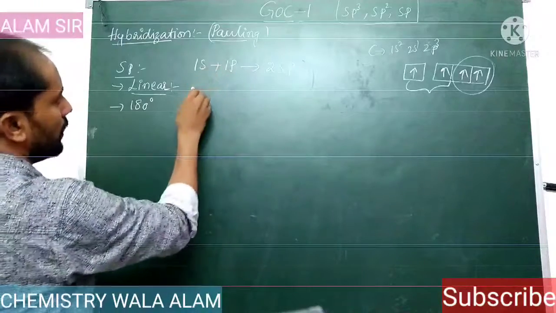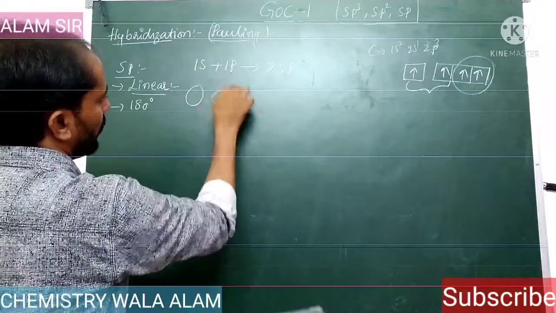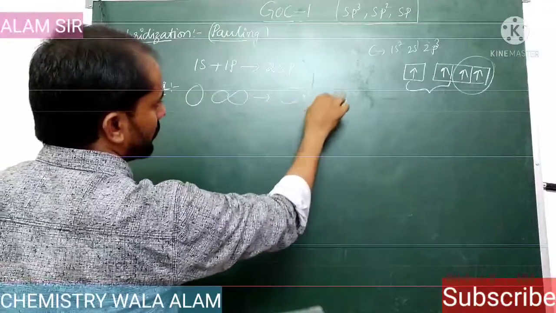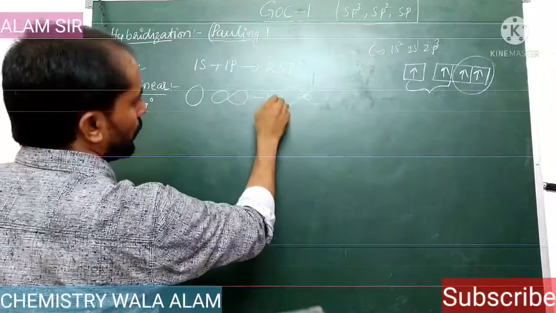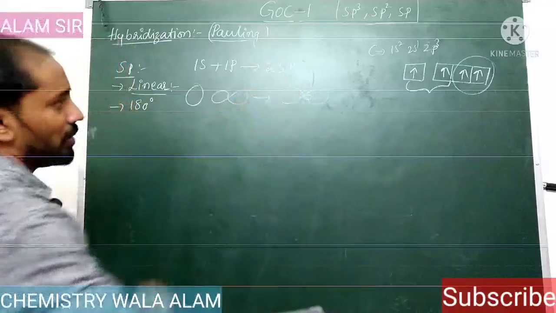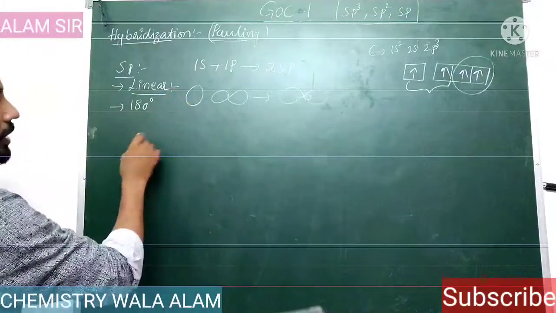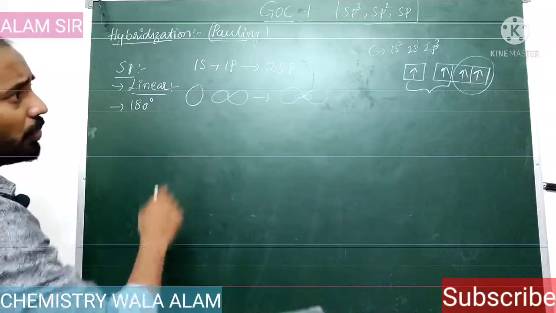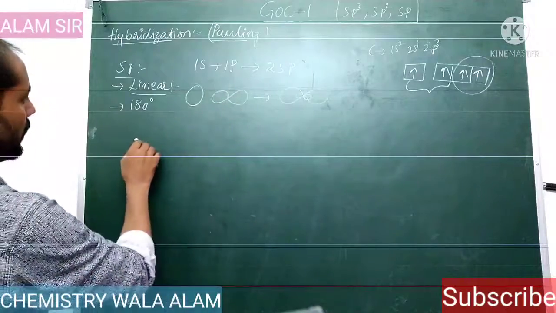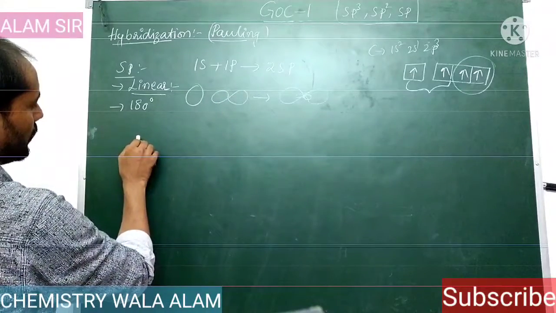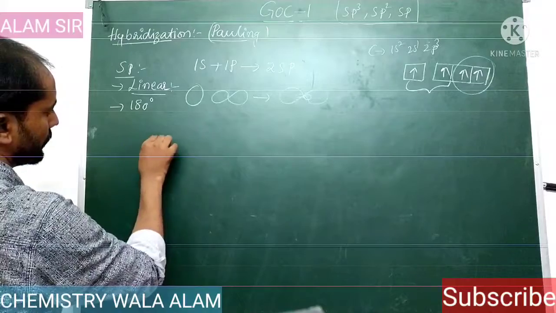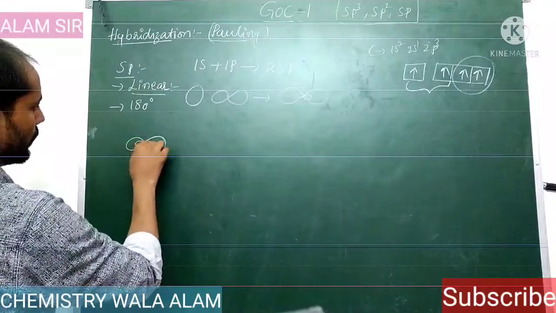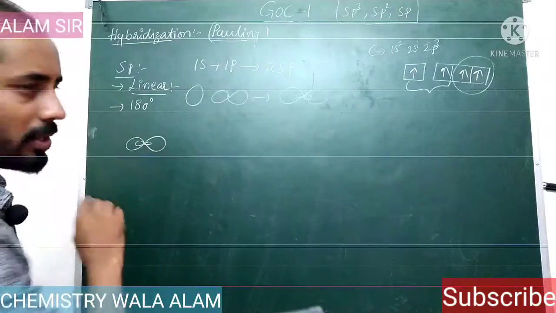You can see that one s orbital and one p orbital result in the formation of one sp and another sp, so two sp hybrid orbitals are formed. Take the first carbon atom. Carbon has 4 electrons, so you can draw this as the sp of one carbon.